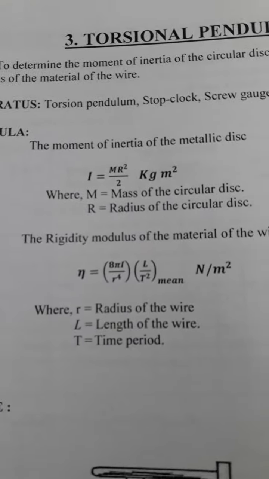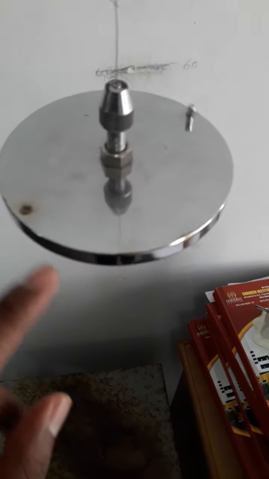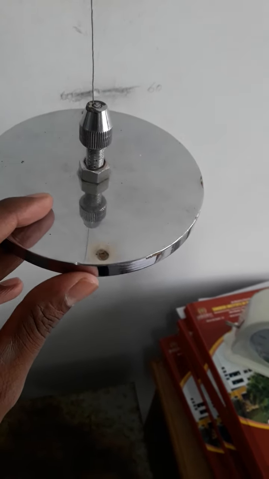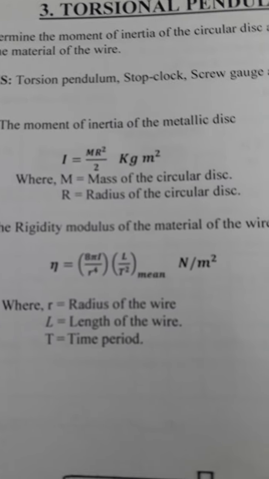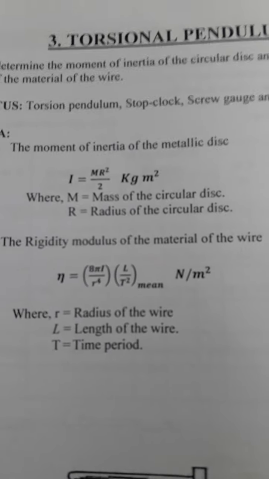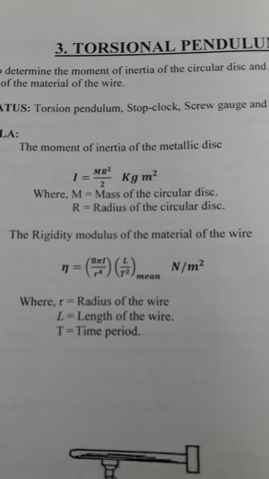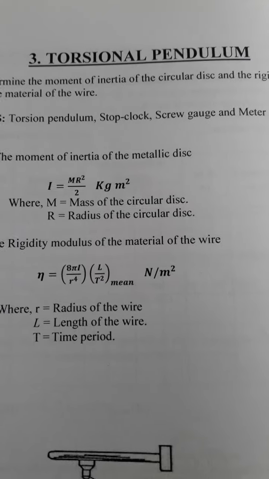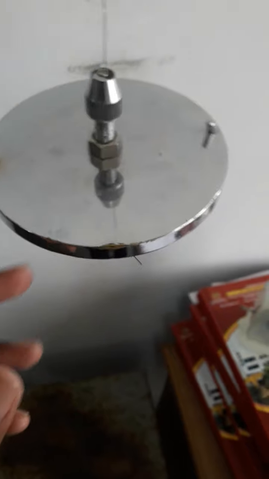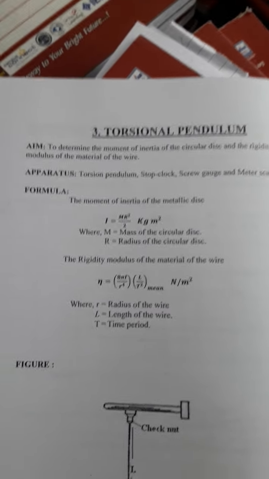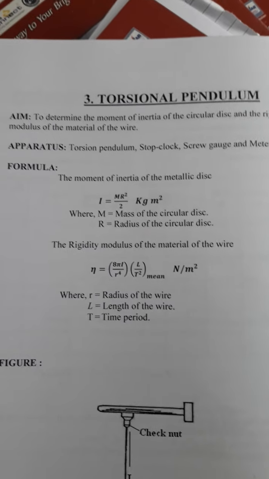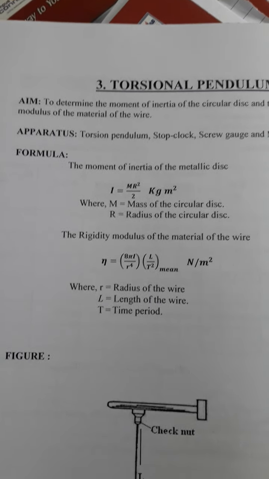M is the mass of the circular disc, which we are providing. R is the radius of the circular disc. This is the circular disc. We are going to measure its radius, and we will tell you how to measure it.